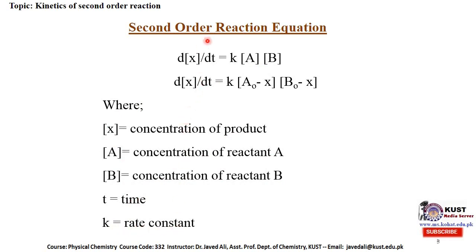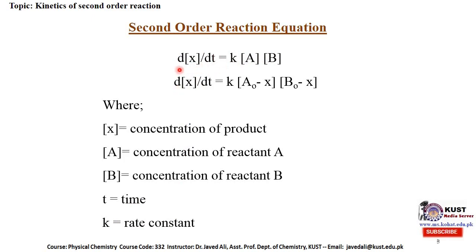In this equation A and B are reactant concentrations, K is constant, dx divided by dt represents rate of formation of product or change in concentration of product with respect to time.